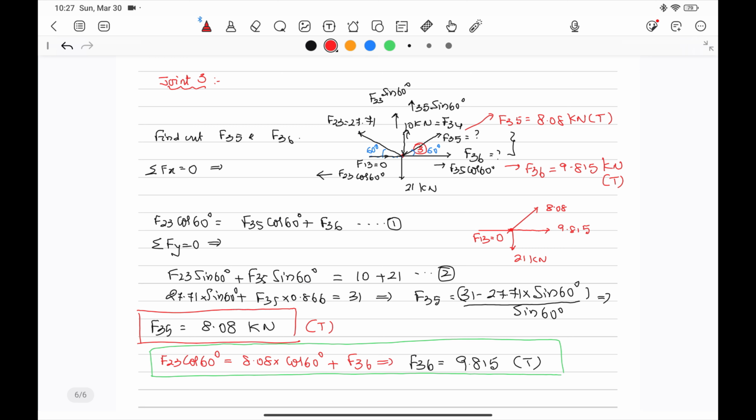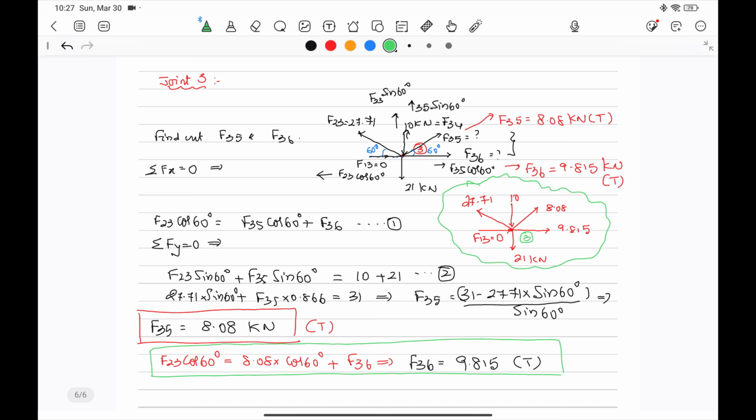And external for the member F34 towards the joint, F34 value is 10 kilonewtons, and F23 away from the joint, 27.71. This is the final free body diagram for the joint 3.